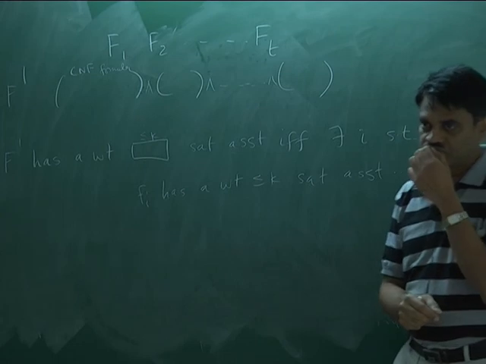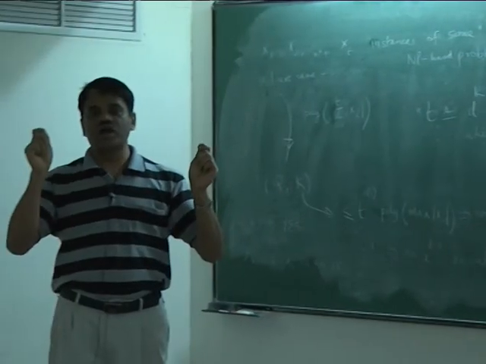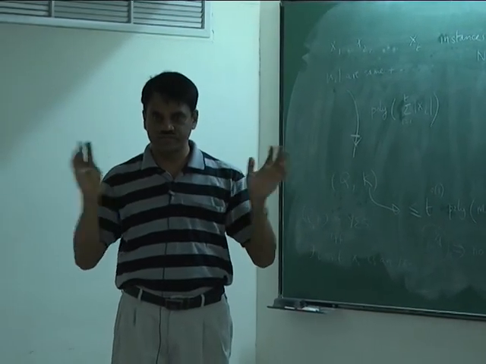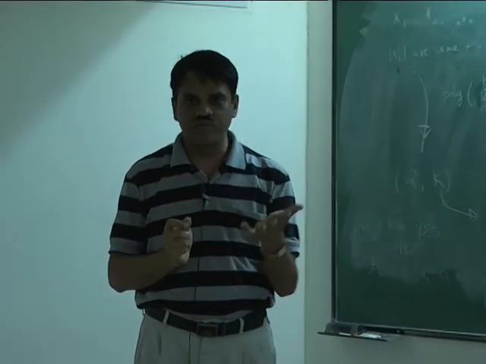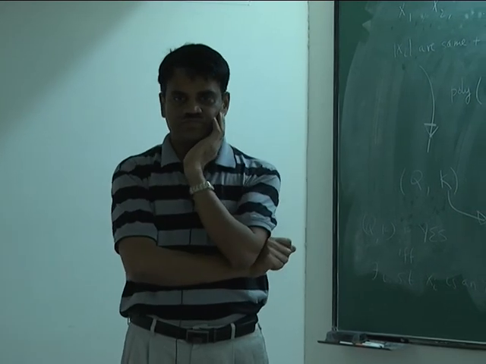Because if there was x1 in some f1 and x7 in some other formula, I am not going to rename x7 as x1. I am just saying these formulas are on the same n variables. These variables are just dummies. They are all on the same n variables.